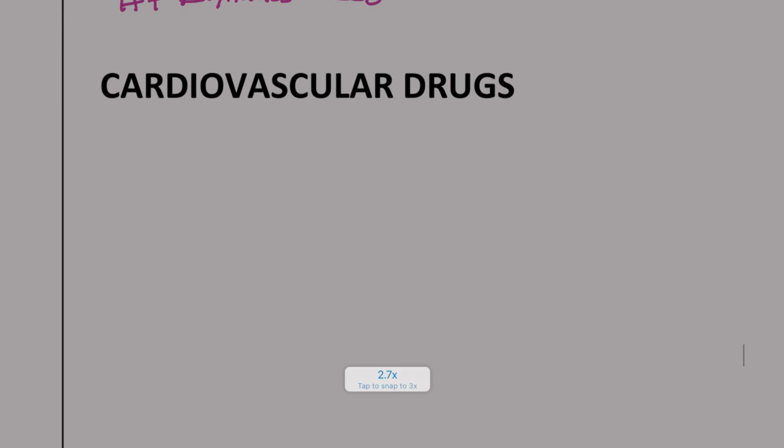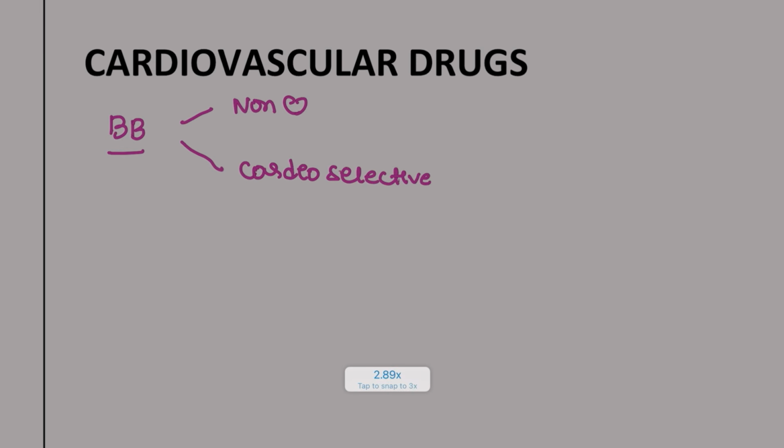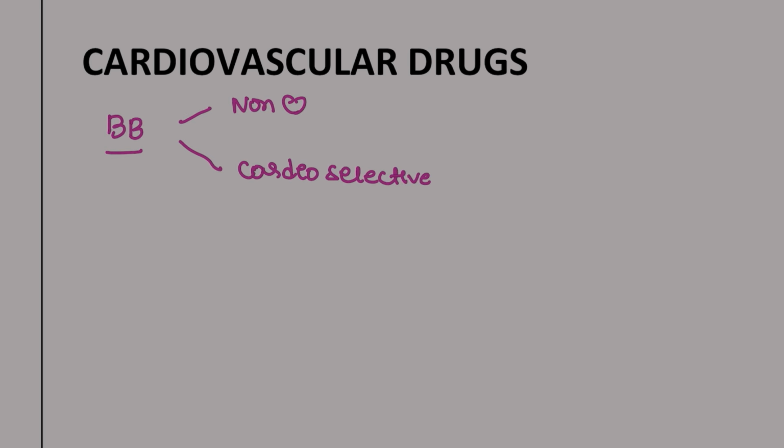Next, classification of the beta blockers. It is two types. One is the non-cardioselective and the other one is the cardioselective. So what is the difference between them?